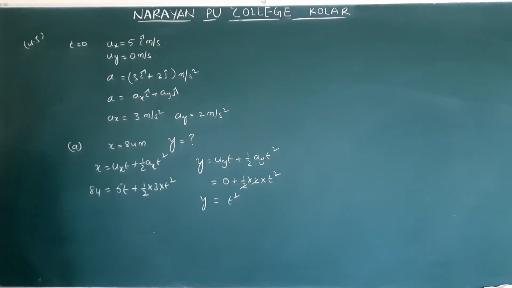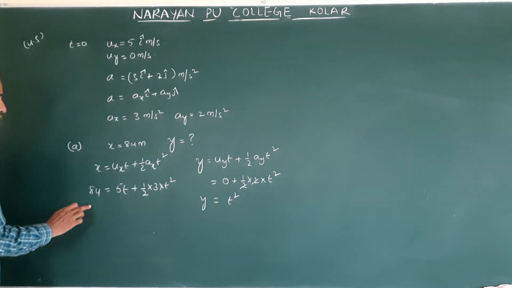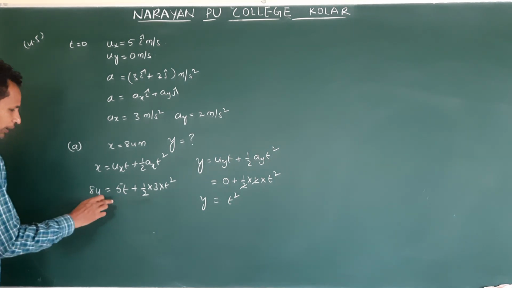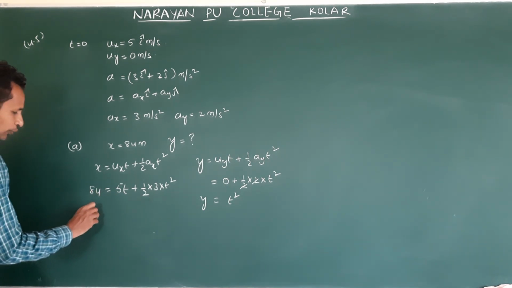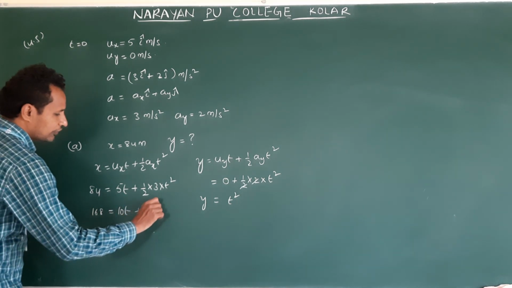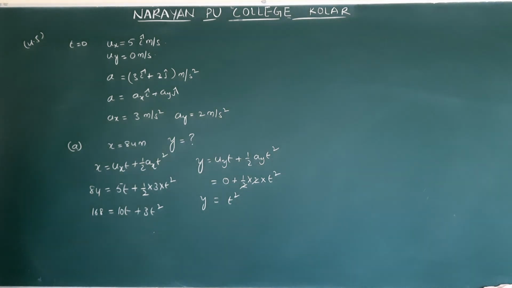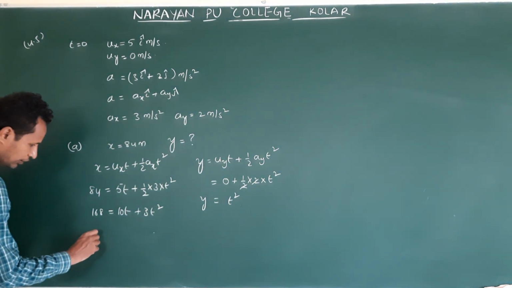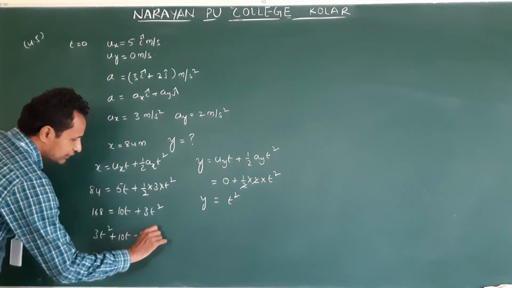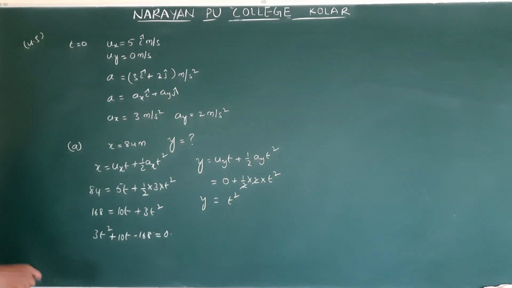Now what do we get? Multiply by 2 on this side and you will get 168 is equal to 10t plus 3t square. Clear? So we write it like this: 3t square plus 10t minus 168 is equal to 0.